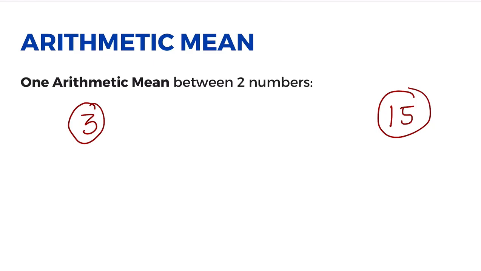Inserting one arithmetic mean means you just add a number between these two. That number along with these numbers should be an arithmetic progression. I hope this is clear. So between 3 and 15, you add a number. If by adding that number, these three numbers form an arithmetic progression, this number is an arithmetic mean.